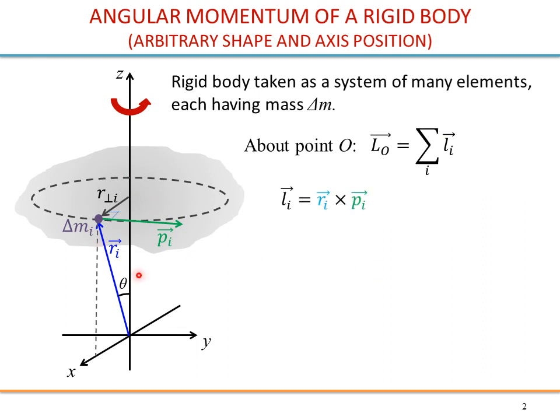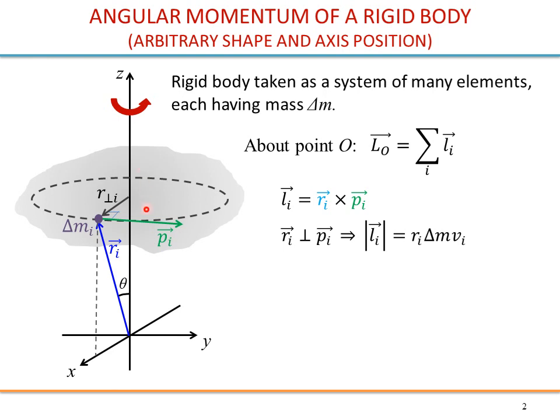The angular momentum of this point, about this point O, is by definition Ri cross product with Pi, Pi being the linear momentum. We also define R perpendicular i, which is the distance of this point to the axis of rotation.